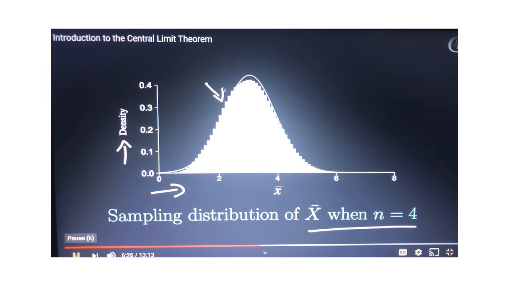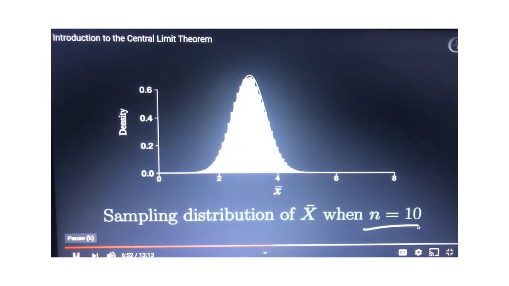So the gray histogram is approximately the sampling distribution of x bar when n is equal to 4. And I've superimposed the normal curve with the appropriate mean and variance. And we can see here that the sampling distribution of x bar is actually quite close to normal. And we'll see that when we let the sample size increase, it's going to get closer and closer to that superimposed normal curve.